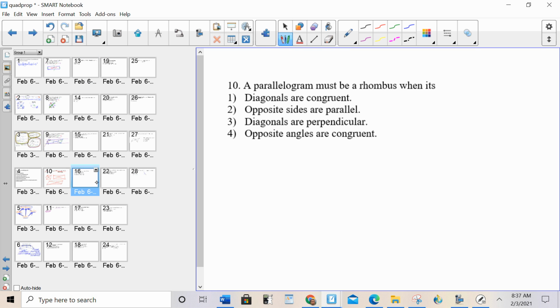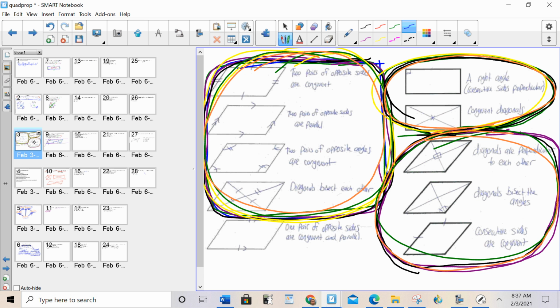So, number 10 says a parallelogram must be a rhombus when? Well, to prove that something's a rhombus, it must be a parallelogram, check, and it must have one of these three properties.